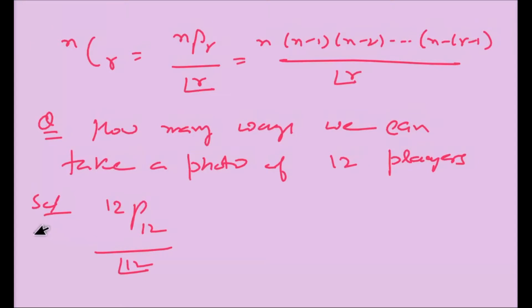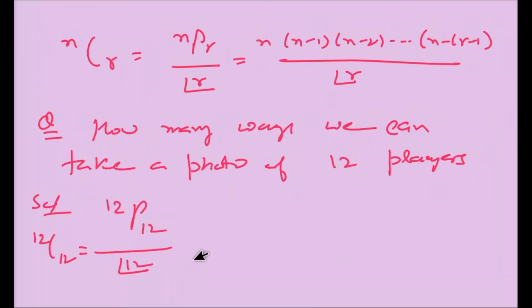So it means 12C12. It is a selection since they are all players. They are different players, but we are selecting them as players. So we are using here combination 12C12, that is 12P12 upon factorial 12.